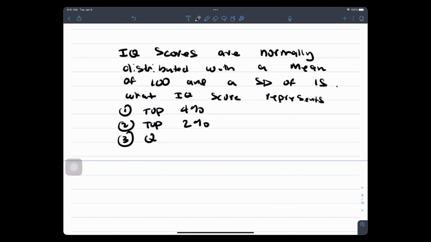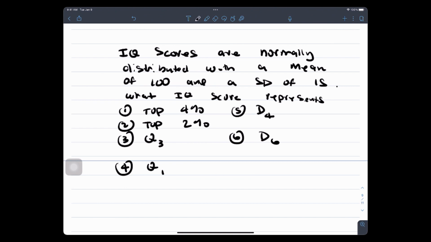Question 3, the third quartile. Question 4, the first quartile. Question 5, the fourth decile. And question 6, the sixth decile.